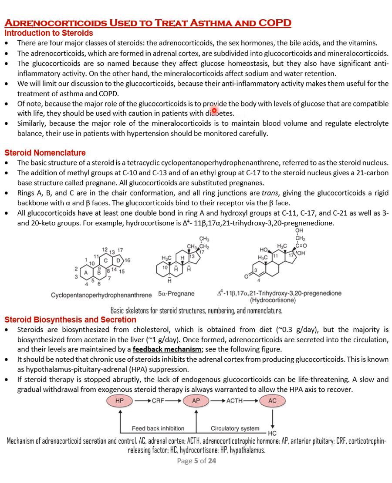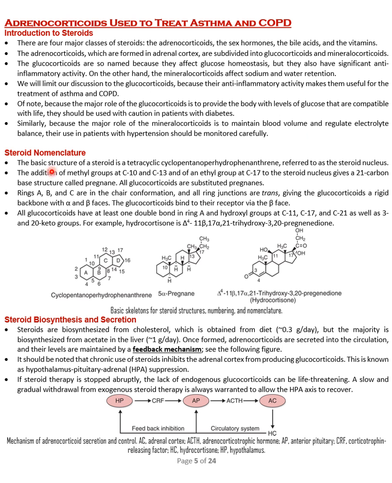On the other hand, the mineralocorticoids cause retention of water and sodium in the body, and they would increase the blood volume, and this means they can increase the blood pressure. Therefore, people who have hypertension should be cautioned if they are using the mineralocorticoids.